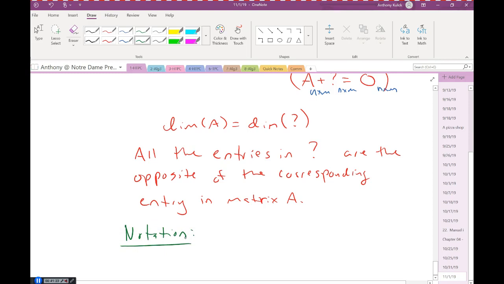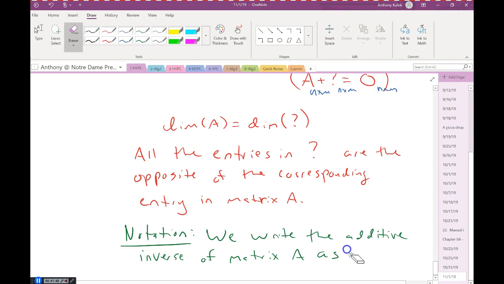So a little bit of notation here. Guess what symbol we're going to use to represent these additive inverses? How would I write the additive inverse of matrix A?